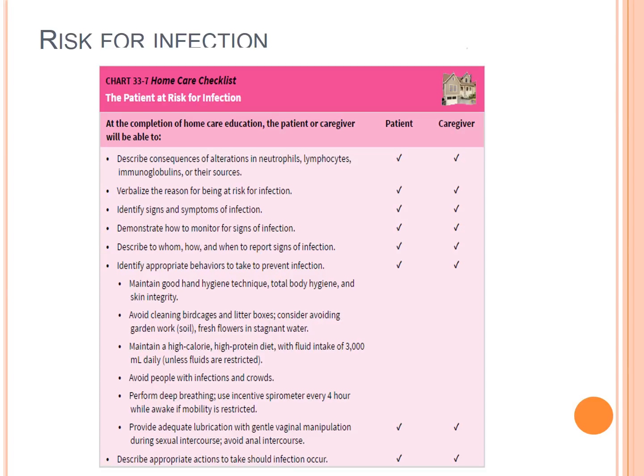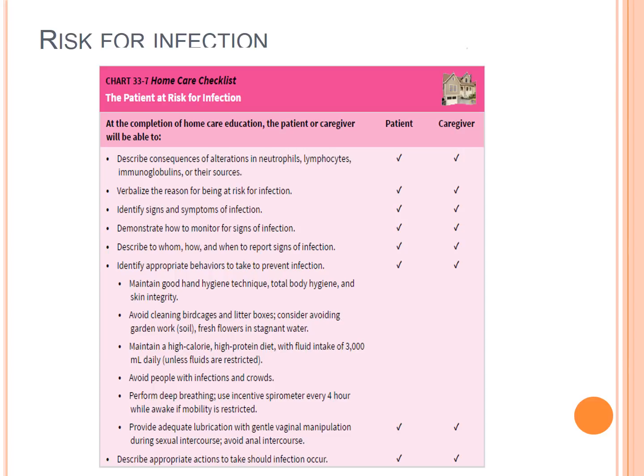High calorie, high protein diet, intake of fluid of 3,000 mLs, avoid people who are sick with infections, or avoid crowds. Sometimes when patients who do have low neutrophil counts are out in public, they will have a mask over their mouth and nose, possibly even wear gloves as well.